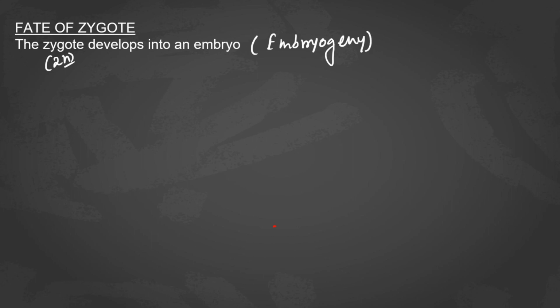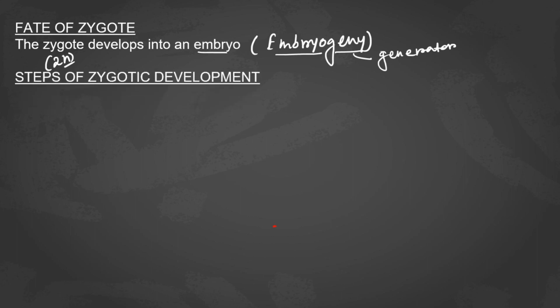So why is it embryogeny? The embryo indicates the embryo, and this word geny came from generator. So the generator means definitely here the embryo is forming. So that's why this is called embryogeny. So what is the embryogeny? The development of the zygote into an embryo is called embryogeny.